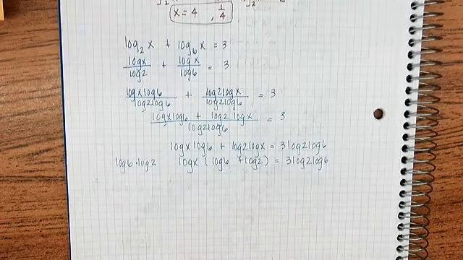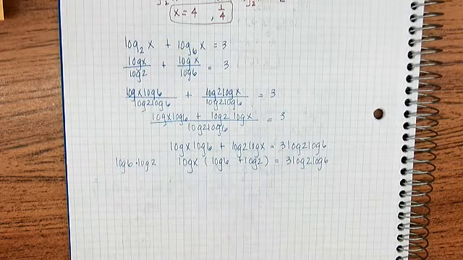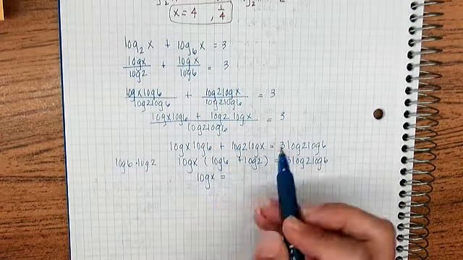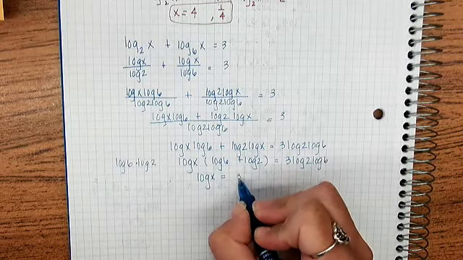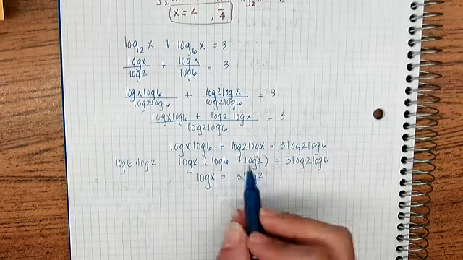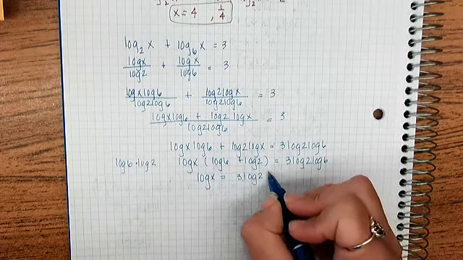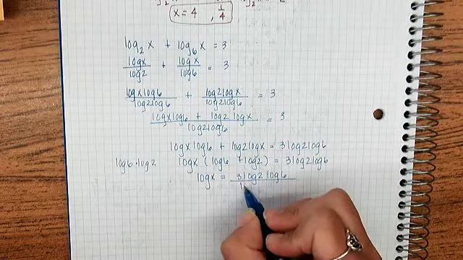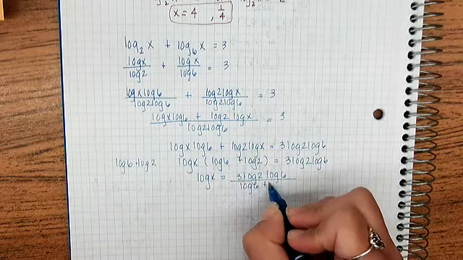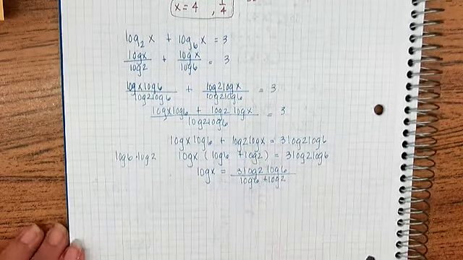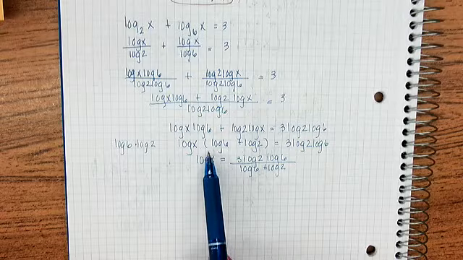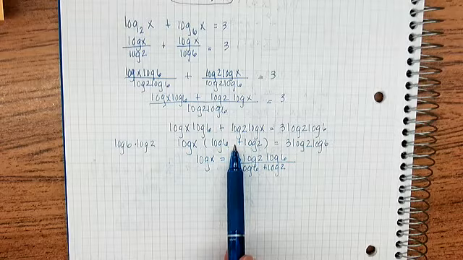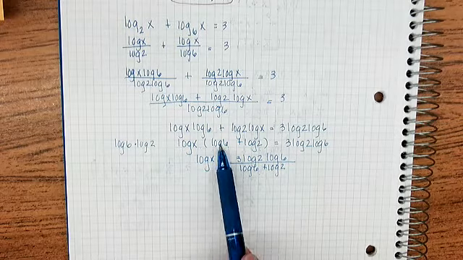All right, divide both sides by the log of 6 plus the log of 2. That's going to isolate the log of x. I factored out the log of x, which left me with log of 6 plus log of 2, and then I'm dividing both sides.